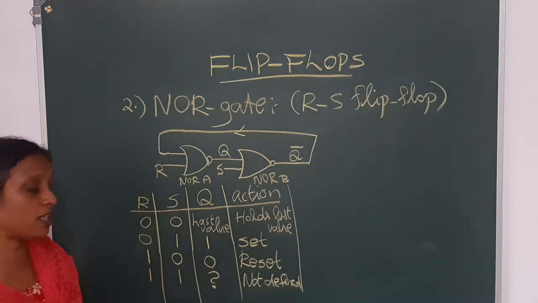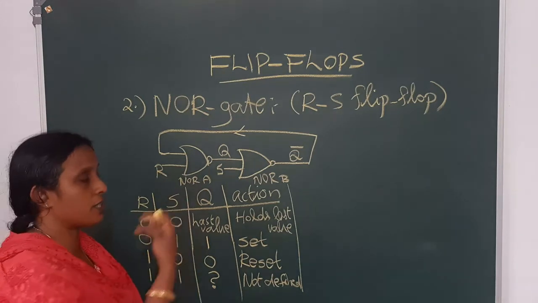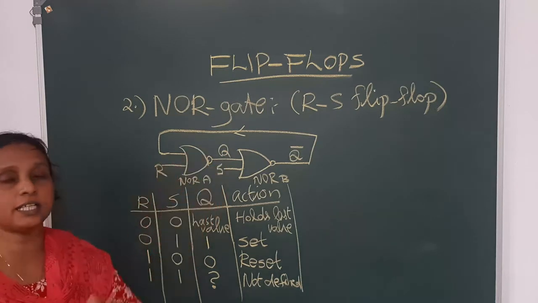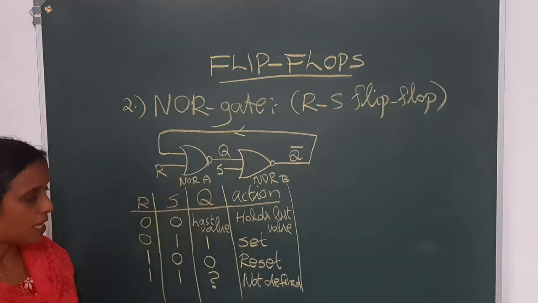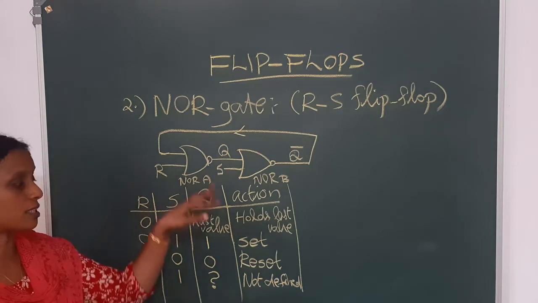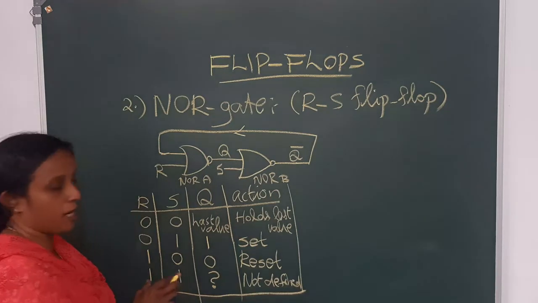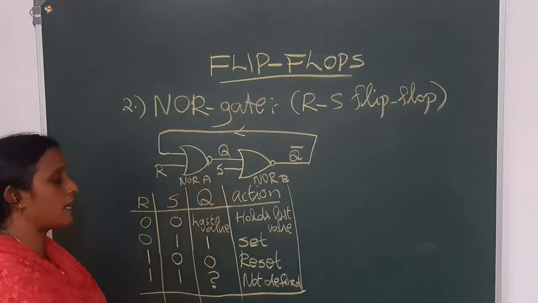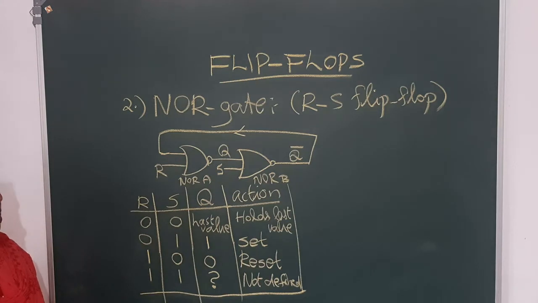So in this case, we can't predict what happens to the system, because simultaneously both gates try to make the same value. Okay, this is the drawback of this RS flip flop. When both inputs are high, we can't predict what should be the output of this RS flip flop.